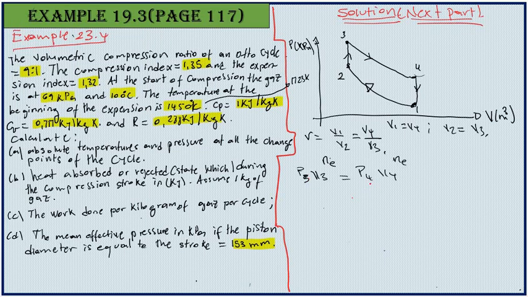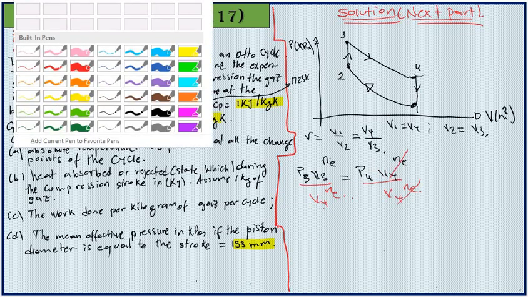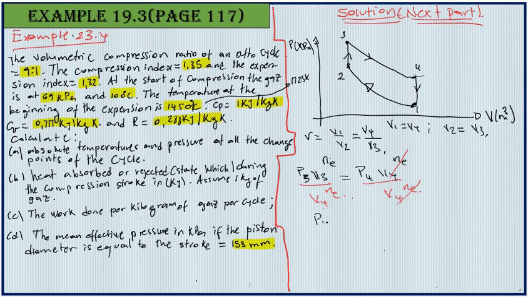To determine P4, we need to divide both sides by V4 to the power of nE. We do the same thing here. Now we can simplify these two to remain with P4.